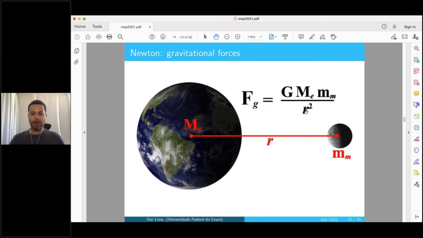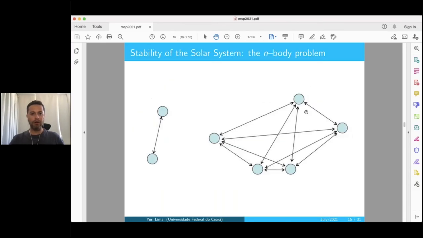And what I just described to you is actually what is called either the problem of the stability of the solar system, or as we in the field call it, the n-body problem. And the n-body problem is a kind of simplification of a model of the universe in which you do the following. Consider that the universe is composed of a few bodies, a few objects.